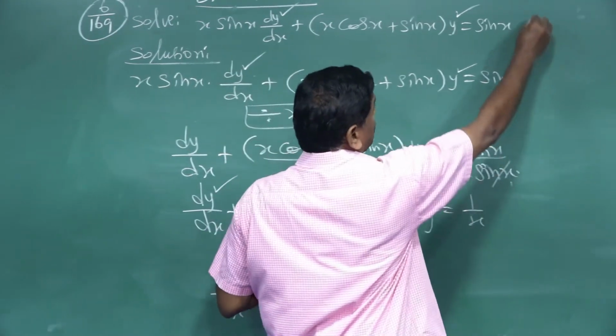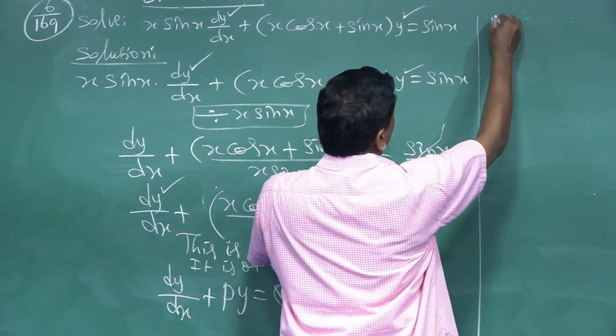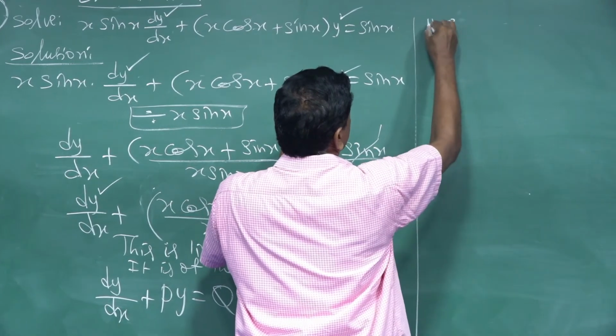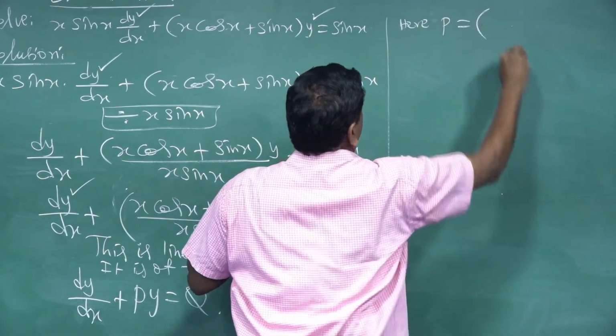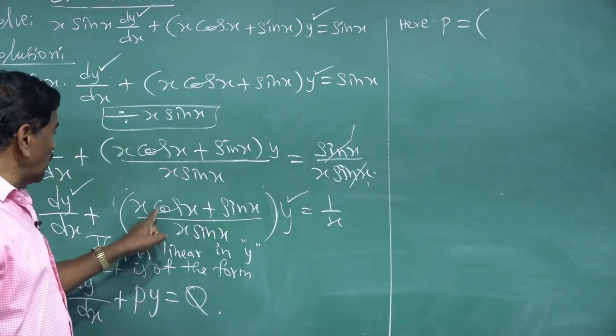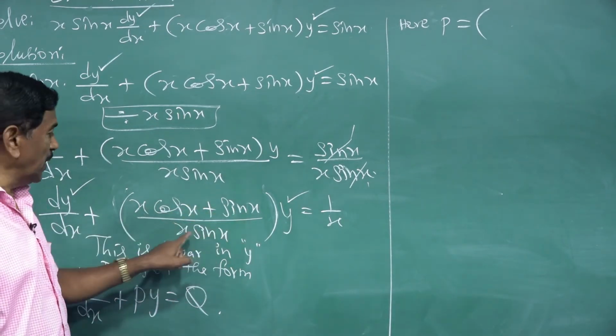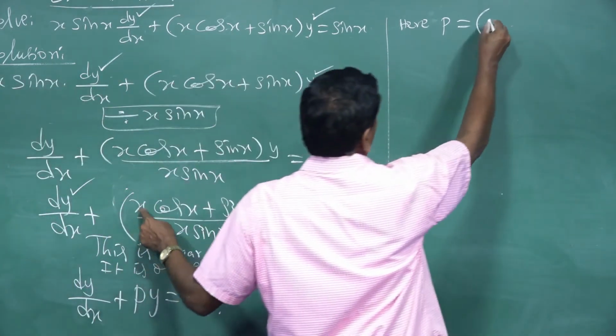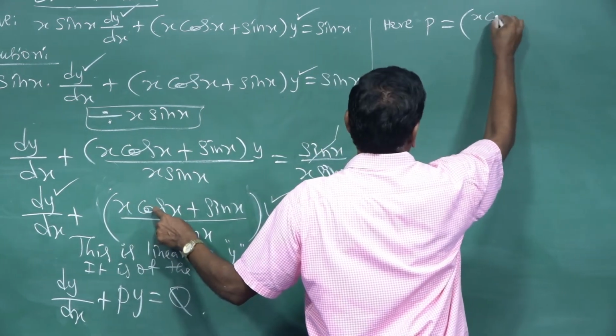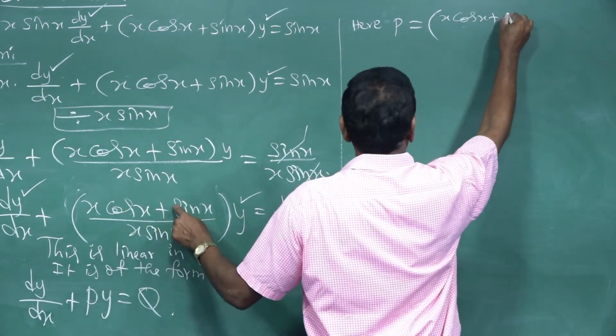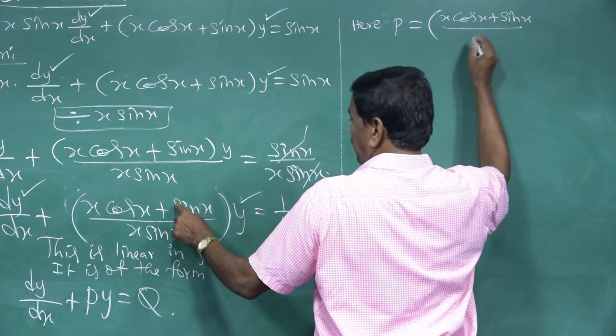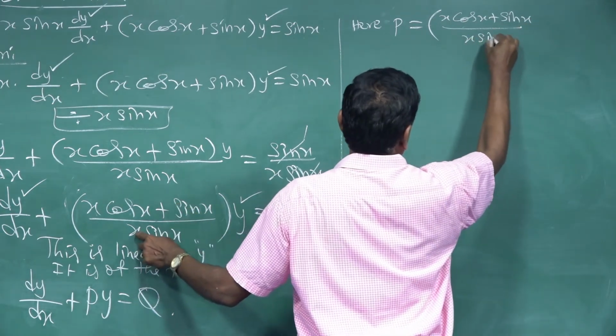Here capital P is equal to x cos x plus sin x fully divided by x into sin x.